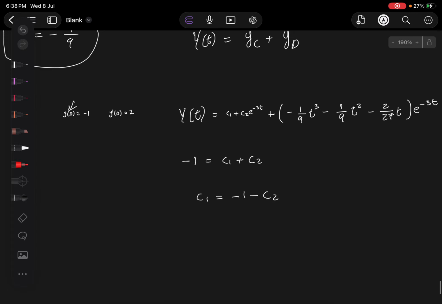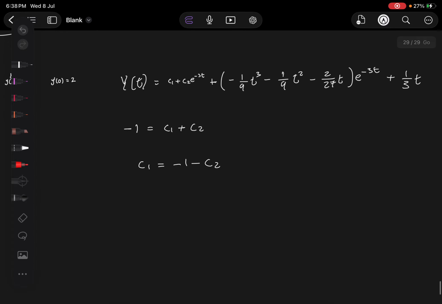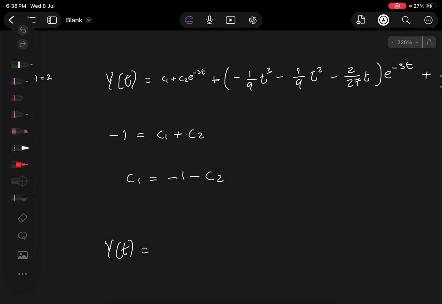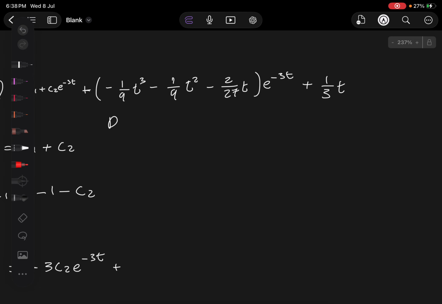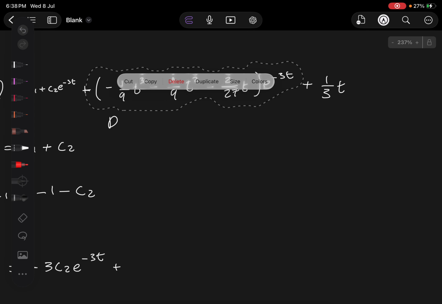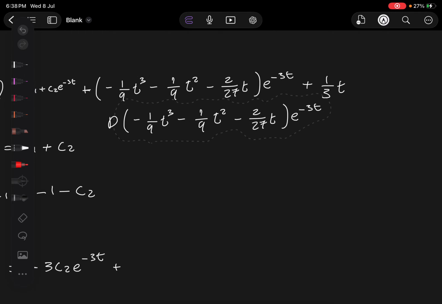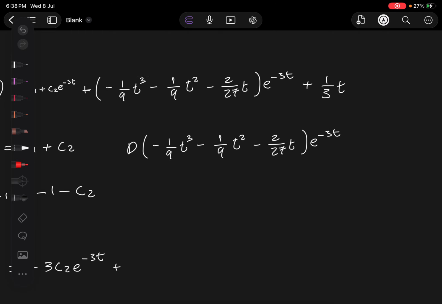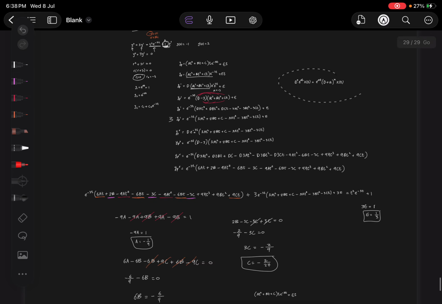For the derivative, you have to apply it again, because you need to derive this to use this. So y'(t) equals: the derivative of C1 is 0, and the derivative of this is negative 3 C2 e to the negative 3t, plus the derivative for this. We need to find the derivative for this, so again we use the theorem. Let's pull it from up.